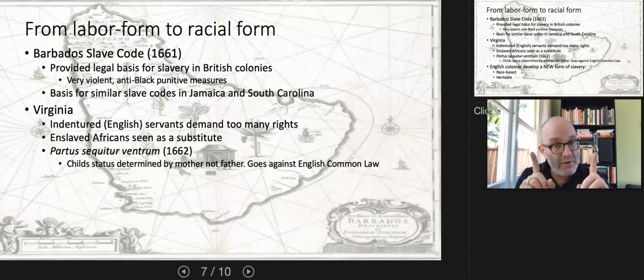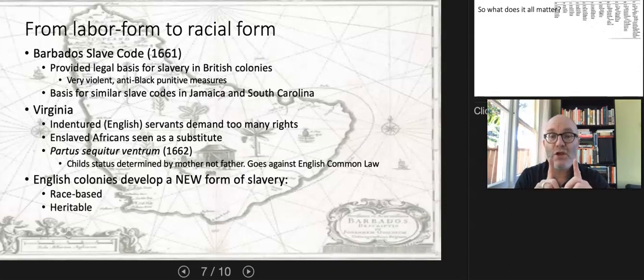This is a very, very important change because it establishes a new form of slavery. Since the beginning of time, there have been slaves. Of course. But it's different in the sense that ancient slavery was, one, largely domestic. You could manumit or buy your way out of slavery more easily. And it wasn't something you were born into. So someone could be enslaved and have children that were not enslaved.